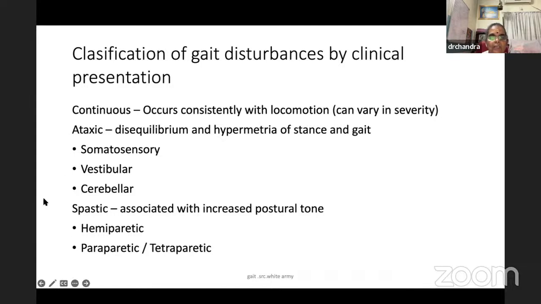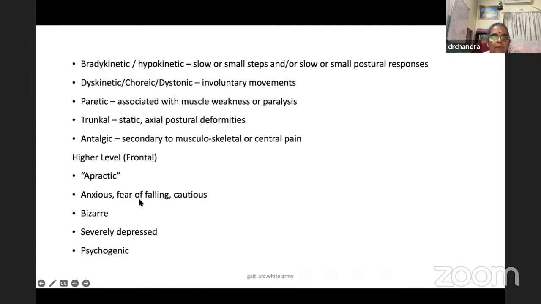So there can be continuous gait disorders which are present always, either ataxic or spastic, and bradykinetic or hypokinetic, dyskinetic, choreic, dystonic, and paretic associated with muscle paralysis, and trunk abnormalities and pelvic abnormalities, and antalgic gait due to painful conditions where you limp. And you can have apraxic gait in frontal lobe disease, anxious or fear of falling, and cautious gait in higher order gait disorder.